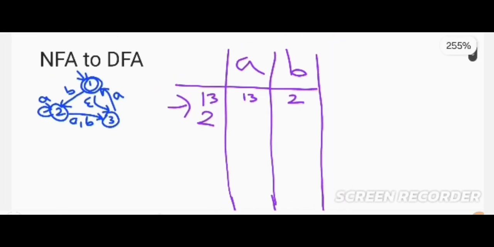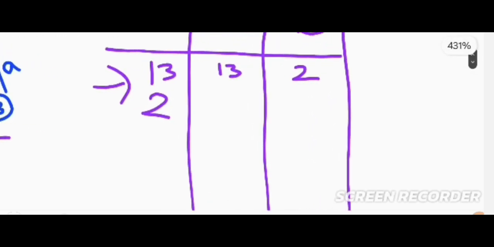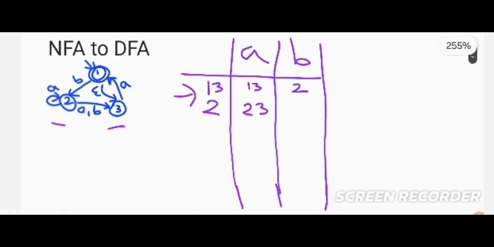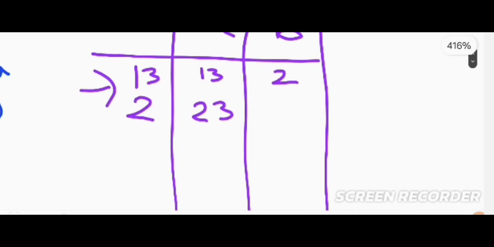According to the NFA, from 2 with A the result will be the set of states 2 and 3. From 2 with B, we have only one transition, which is this one. It's going to 3, so the result here will be 3.